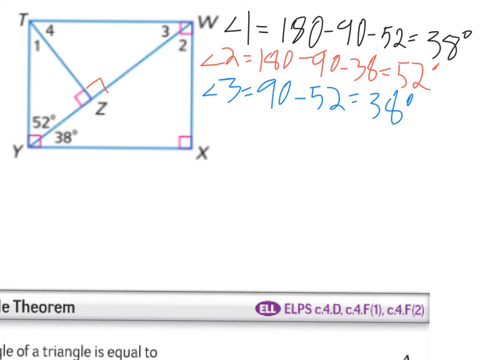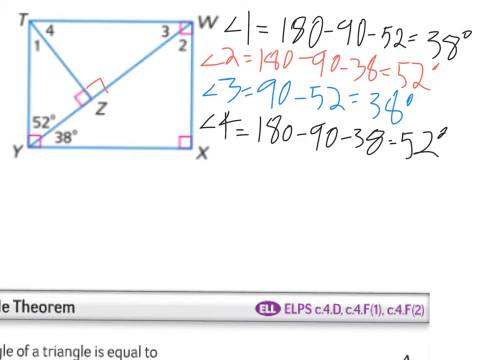So you could take the angle measure of angle 1, that's 38, and do 90 minus 38 and get 52. But if you want to play it safe, quote unquote, let's say you don't know that this is a right angle, well, now you know that this is 90, and now you know this is 38. So if you do angle 4 is 180 minus 90 minus 38, you still get 52.